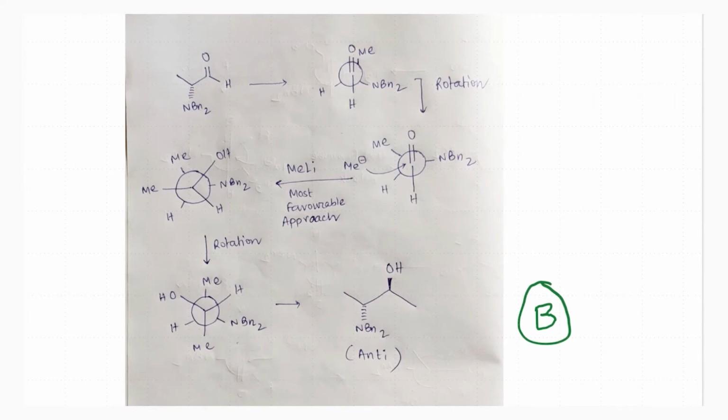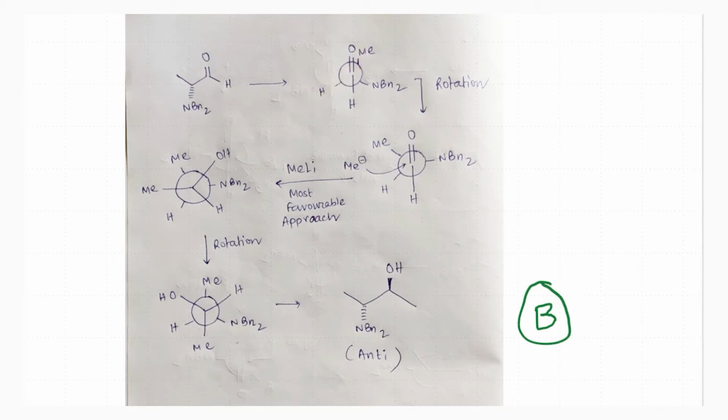If you look from here, the hydrogen is below, the carbonyl is above, and the NBn2 as drawn here is going into the plane of the paper. Therefore, N-dibenzyl would be on the right, and the methyl group is eclipsing the carbonyl, so it would be right behind there. And of course, the hydrogen, which is not drawn here, would be on the left.